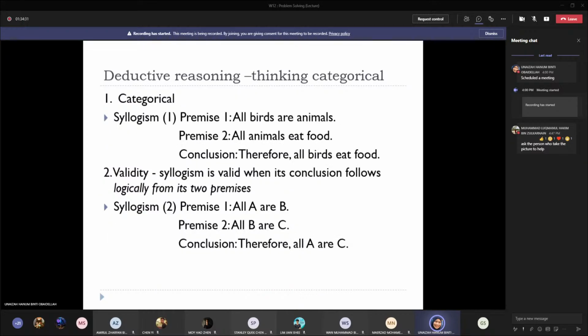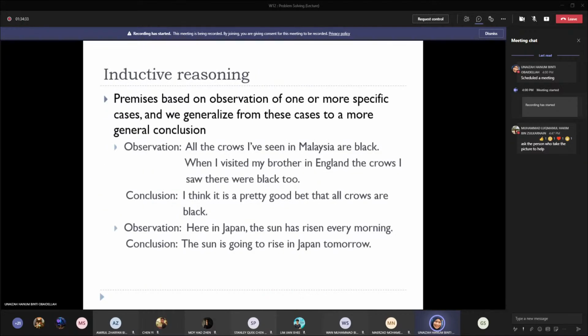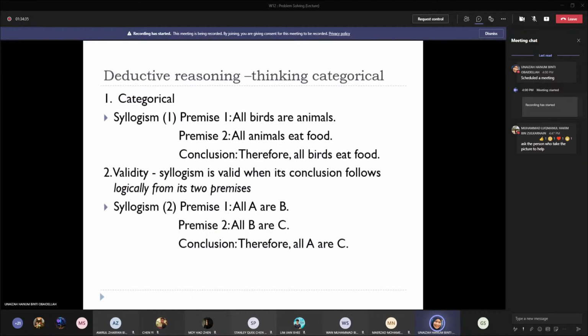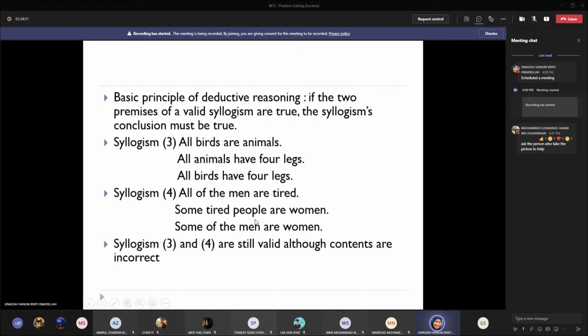Inductive comes a lot from experience and observation, whereas deductive requires us to apply a combination of premises to reach our conclusion, depending on how we design the first and second premise.